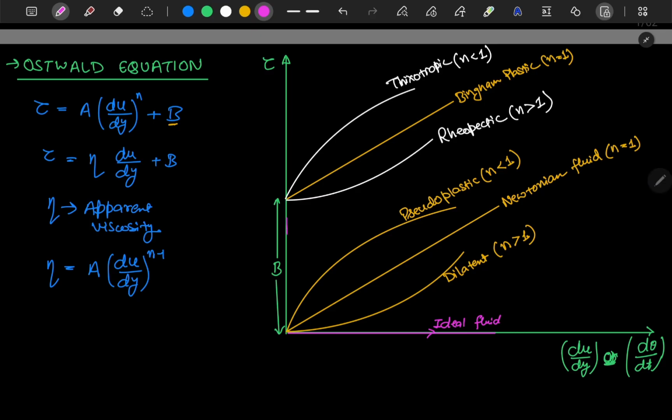And this line here will represent your ideal solids. For a solid, no matter how much shear stress you apply, there won't be any shear strain. Ideal solids.